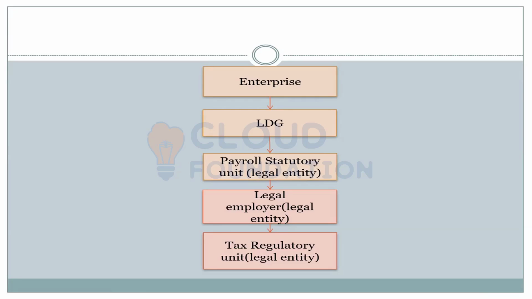When you are operating in a country, it has its own legislative data group. If we are talking about India, then India has India LDG, Japan has Japan LDG, China has China LDG. I'll tell you more about LDG later on.